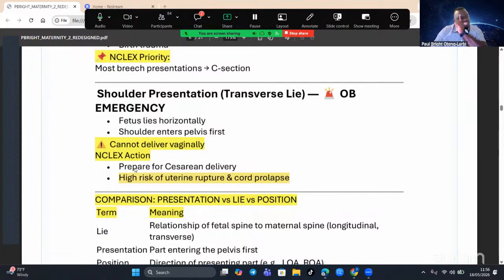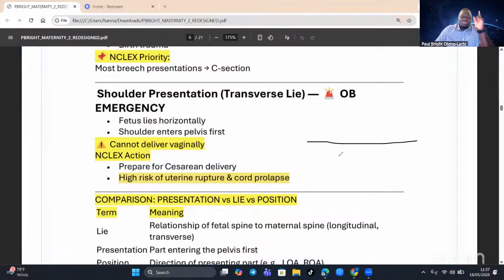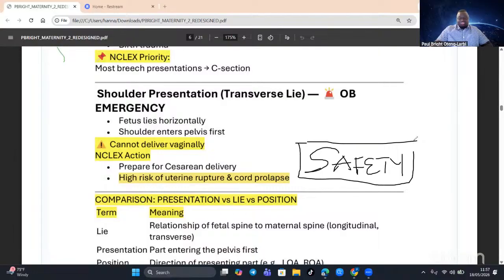So those of you who are going to write NCLEX, when you see this, it's a safety concern. I've told you that NCLEX is about safety. Always safety is the denominator. So the question you are reading, before you even start reading the question, tell yourself, safety is my foundation.